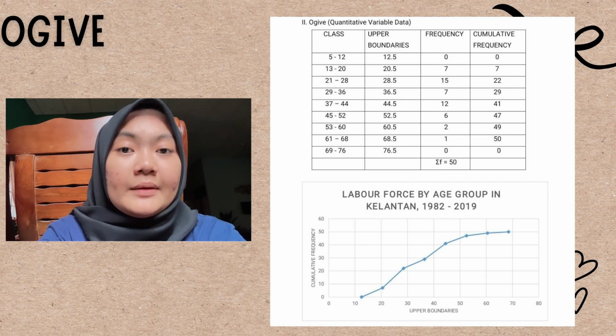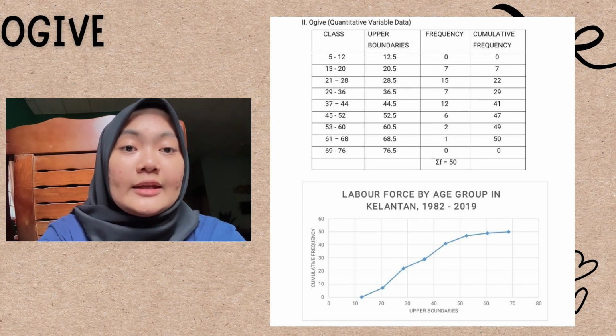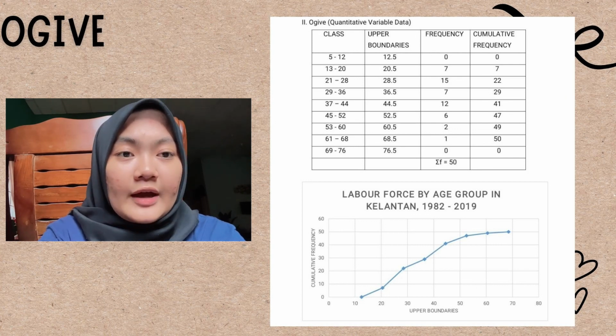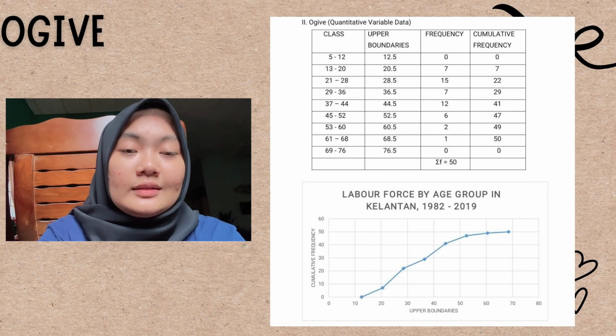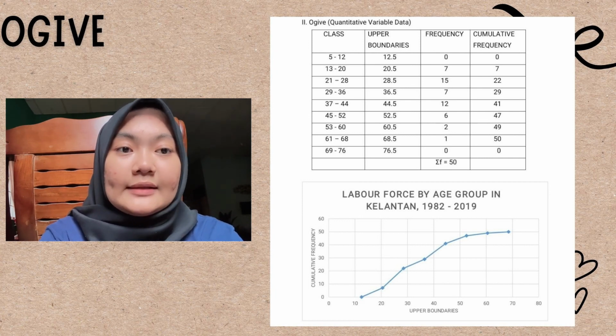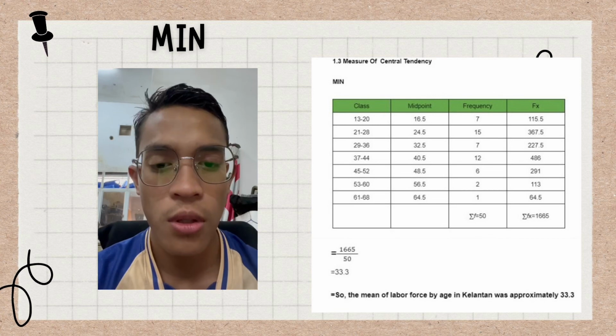How to get the upper class boundaries, which is at 0.5. The table shows the class is 7 to 20, and to get the upper class boundaries, we must add 0.5 and we can get 20.5, the upper class boundaries. For the cumulative frequency, we must add the total frequency by the rows.